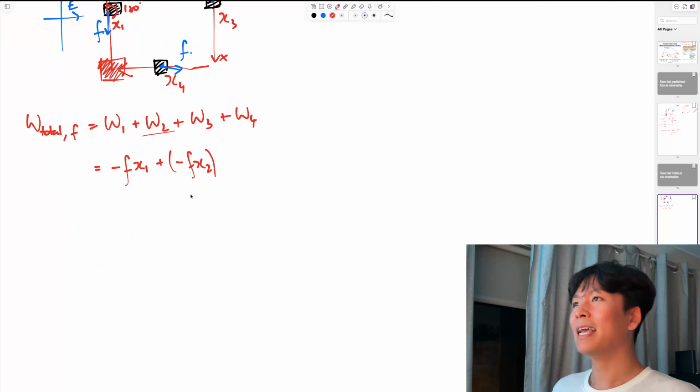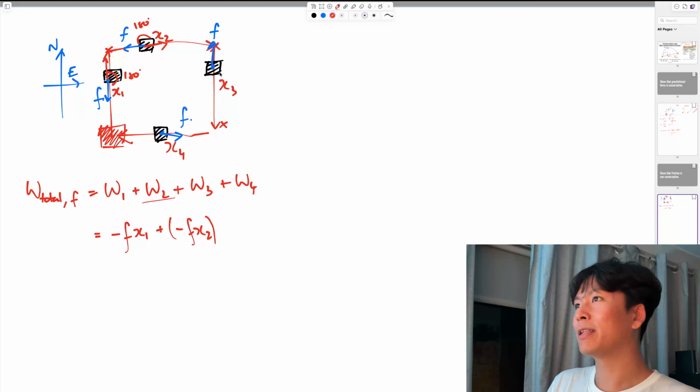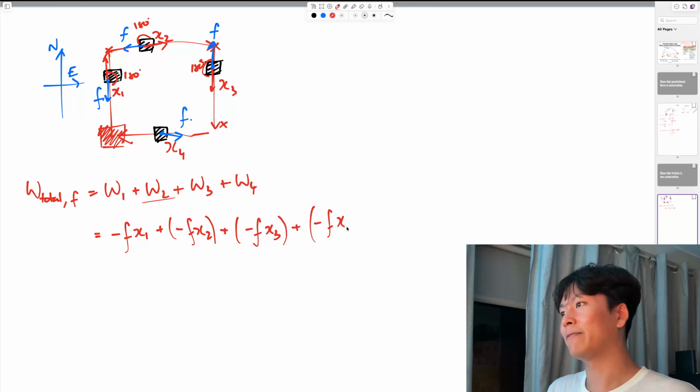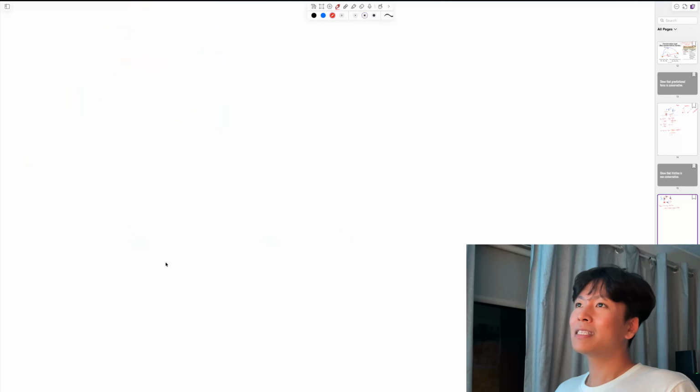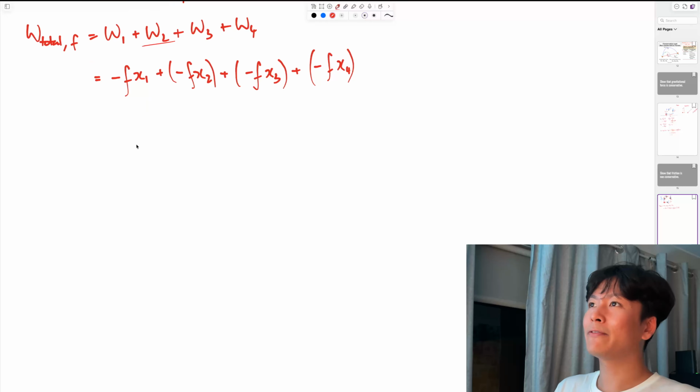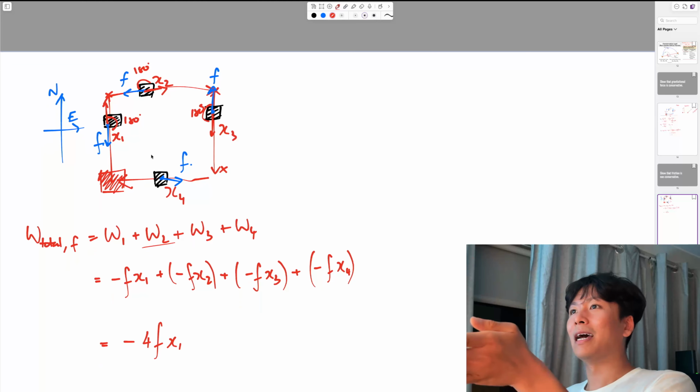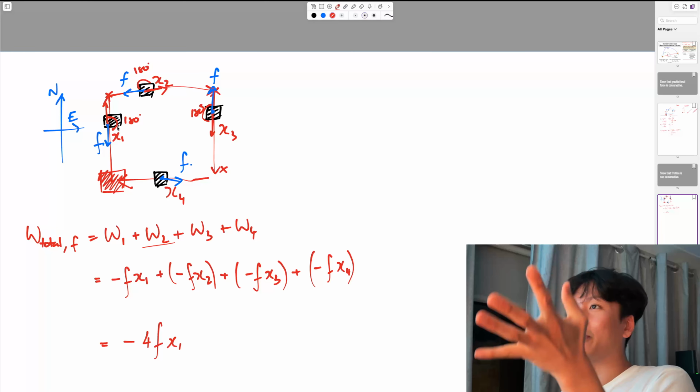And then this logic again applies to the third one, because displacement is down, force is going up. So again, 180 degrees. So now I have the third work, which is going to be minus F x3, and then plus the fourth one, again same logic, F x4. So you can see that the total work done by friction in the loop is no longer 0, because now it's equal to 4 times the work done by one path. So it's actually non-zero and is bigger.